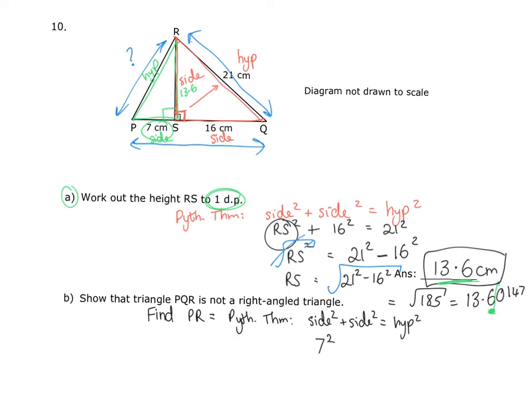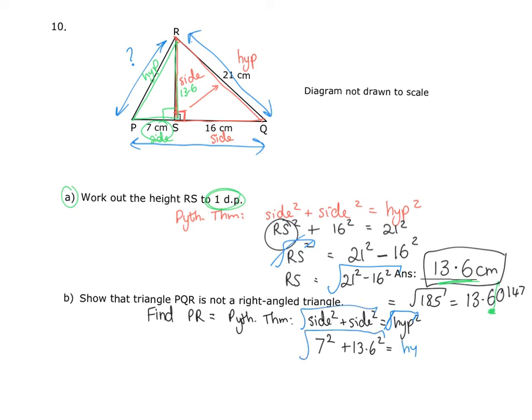So 7 squared plus 13.6 squared, and the square is eliminated by taking the square root on both sides.